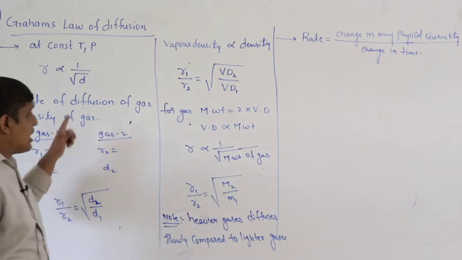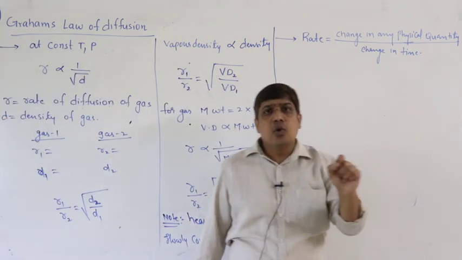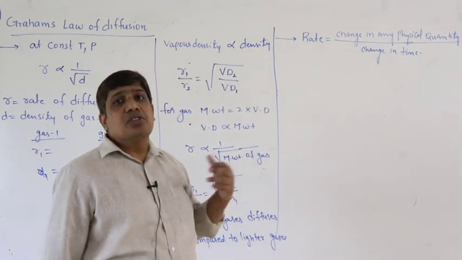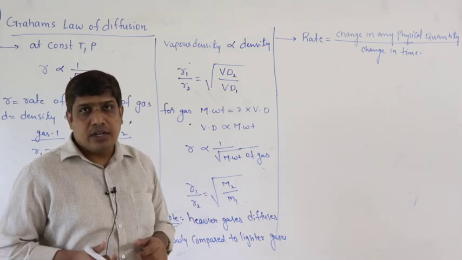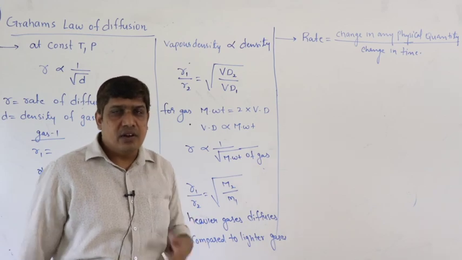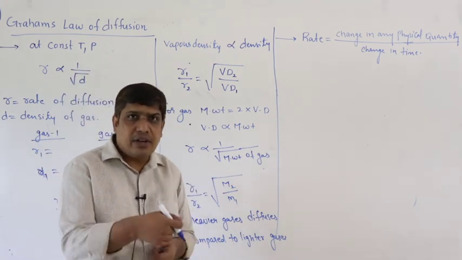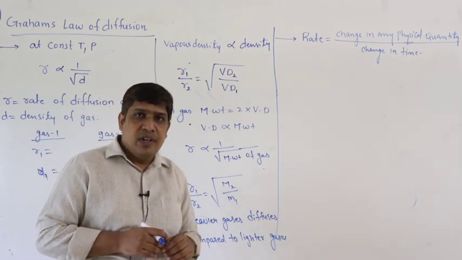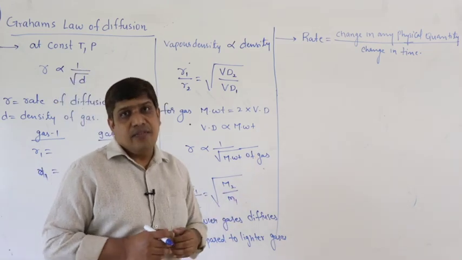In what way can I express rate of diffusion? That depends upon what physical quantity you are measuring. For example, I can measure the change in the volume of gas diffused. I have a 10 liter cylinder, I open the nozzle for 5 minutes, and the gas slowly comes out. After 5 minutes I close the nozzle, then some volume of the gas will remain. The difference in the volume gives the volume of gas diffused.